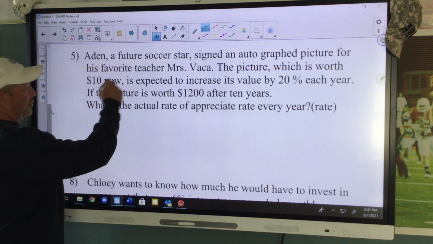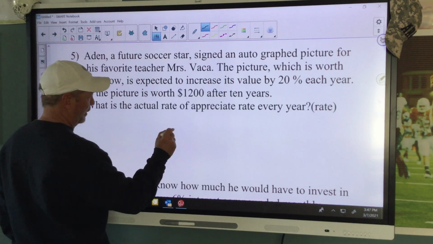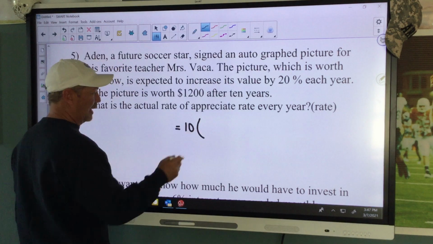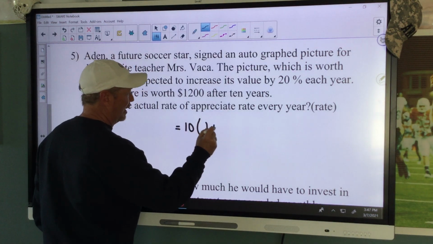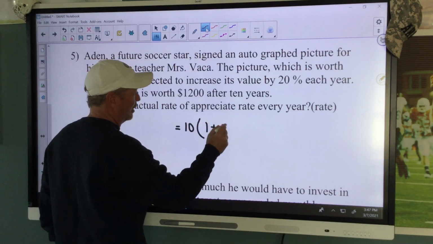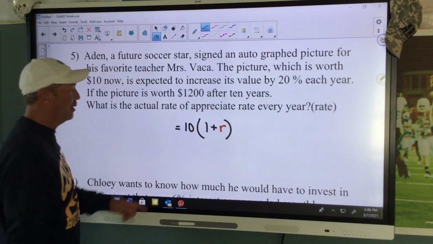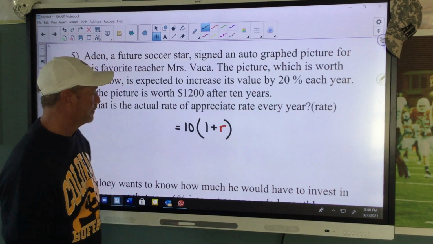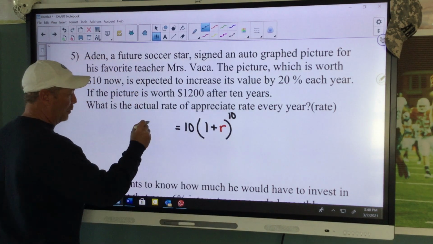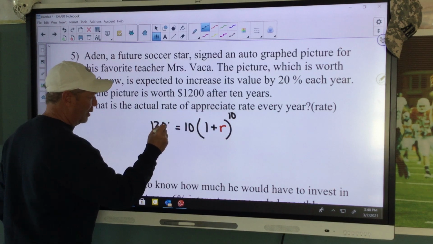So first initial is $10, okay? And we're going to say 1 plus, but we do not know what the rate is. We do know that how long? It's going to be 10 years. And then after 10 years, it will be worth $1,200.